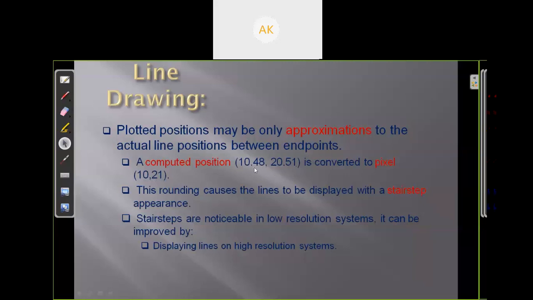Here for 10.48 we could apply the floor function, and here we could apply the ceiling function. As you know, the round function: when your value is less than 0.5, it will go to 0, and if your value is greater than 0.5, it will go to 1. How does your rounding function work?